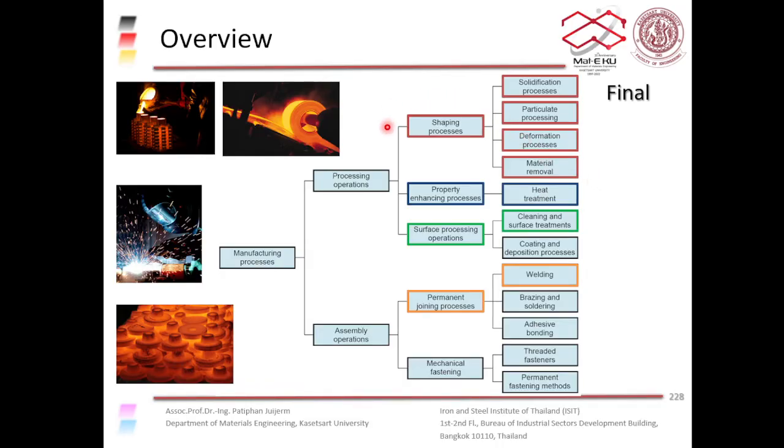Right, all these are shaping processes, right? And we're going to look at this for this part of the lecture. And also we will look at the property enhancing processes, mainly heat treatments, right?